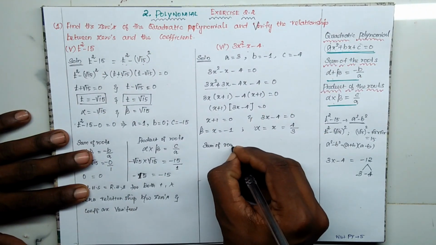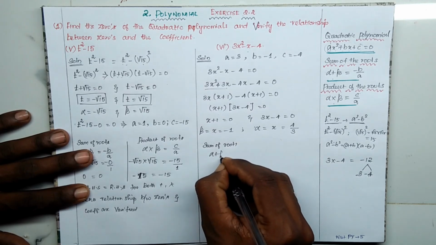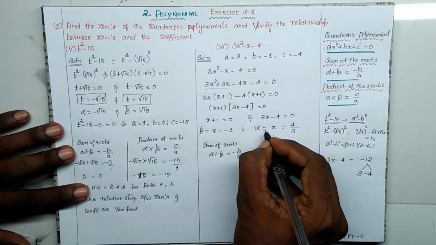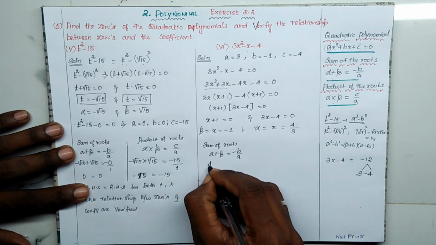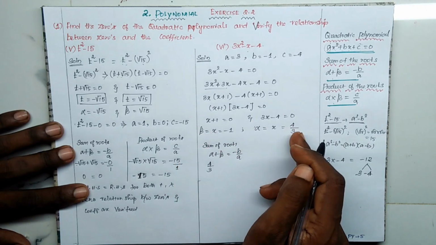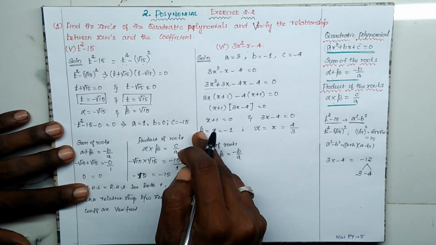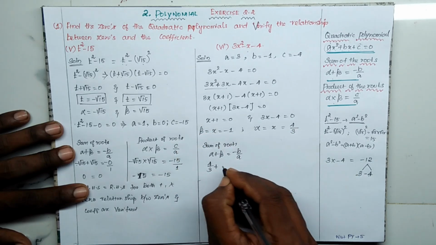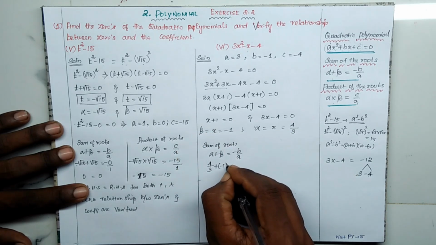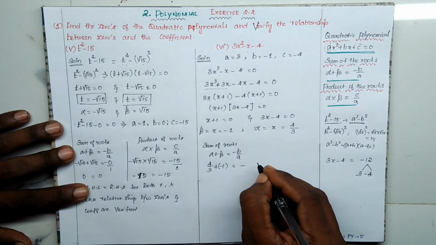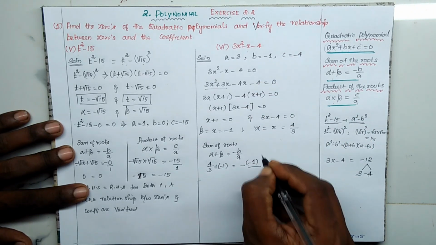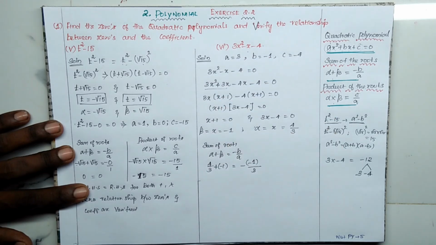Now, the sum of the roots is alpha plus beta, that is equal to minus b divided by a. Here alpha is 4 by 3. Whether you take this one as alpha or beta, you can take alpha and beta either way. So alpha is 4 by 3 and beta is minus 1. So minus of b, we have the value of b as minus 1, divided by a, which is 3.